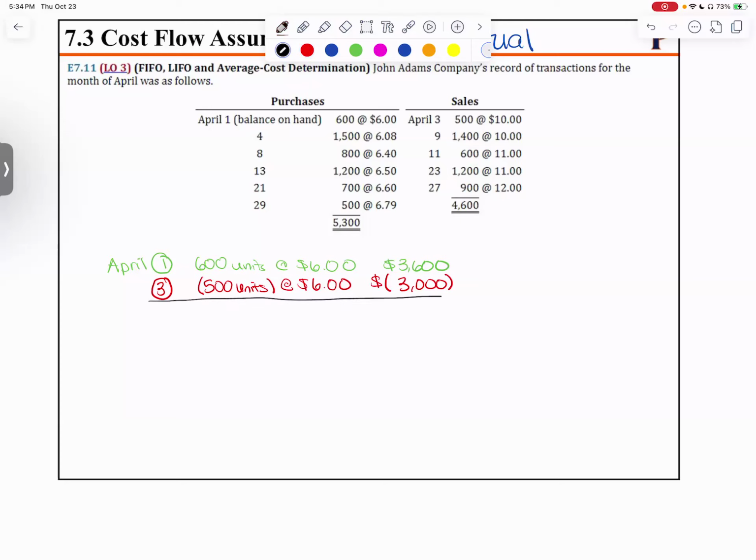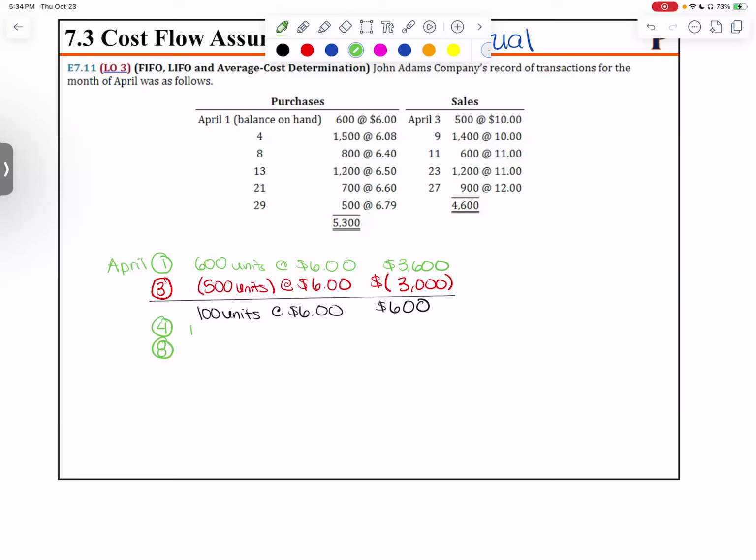And so after that sale, our ending inventory will be comprised of 100 units at $6 each for a total value of our inventory of $600. Then on the 4th and the 8th, we have additional purchases, so we can increase the value and the number of units in our inventory.